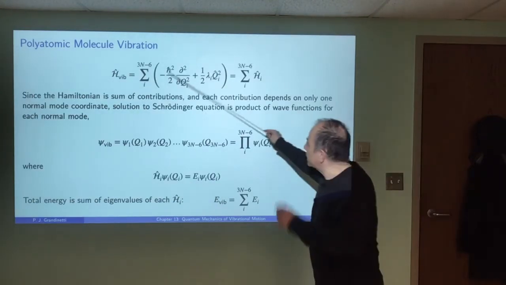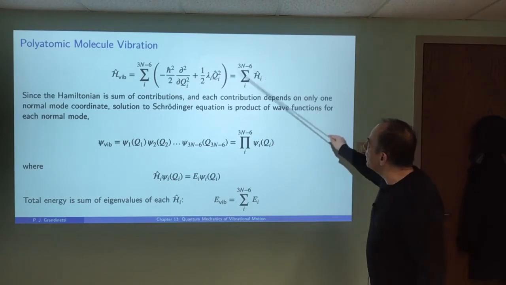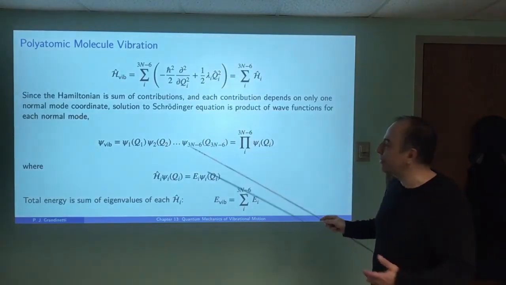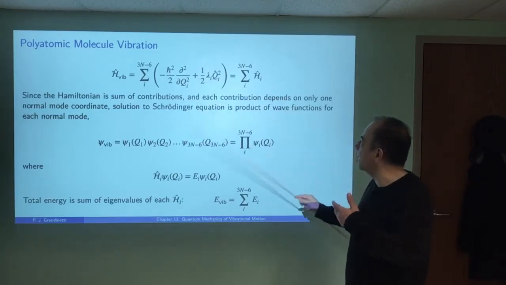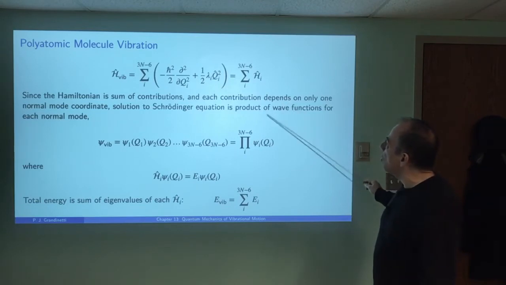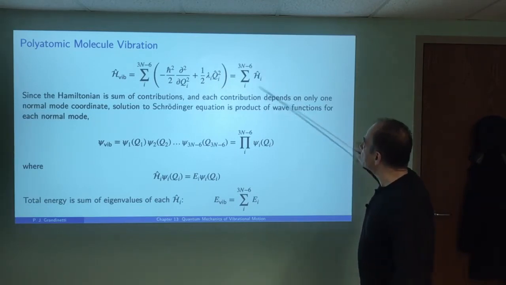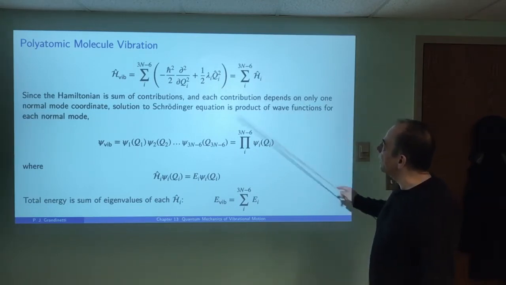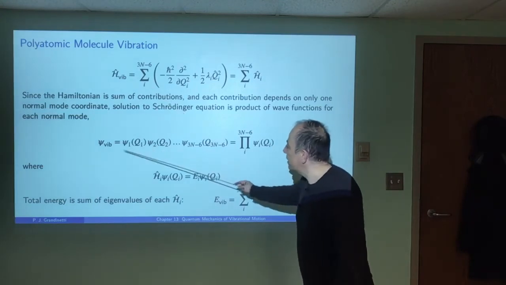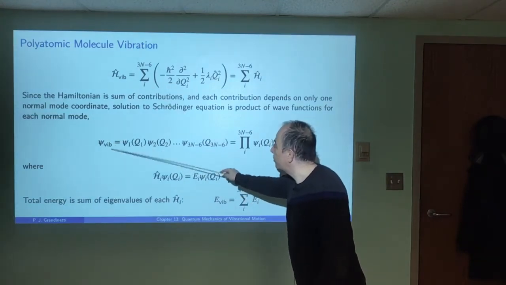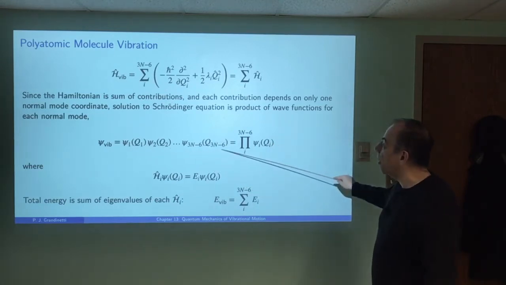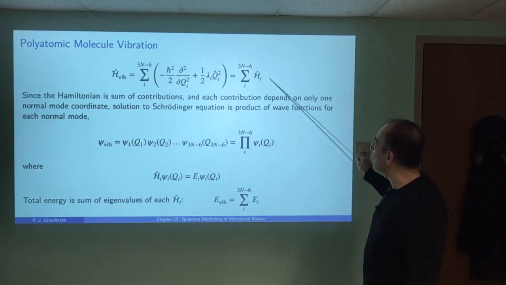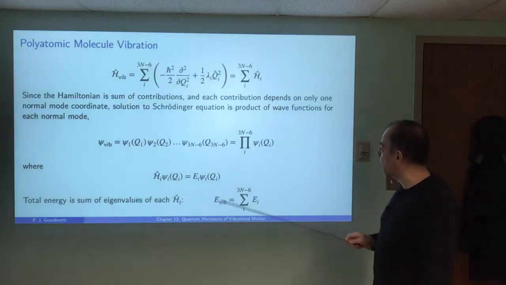When you can write the Hamiltonian as a sum of decoupled Hamiltonians, in other words, the Q's in each one of these Hamiltonians are not affected by the other Q's, then we can say that the total vibrational wave function for this total H is going to be a product of all the individual wave functions for each individual H over here.